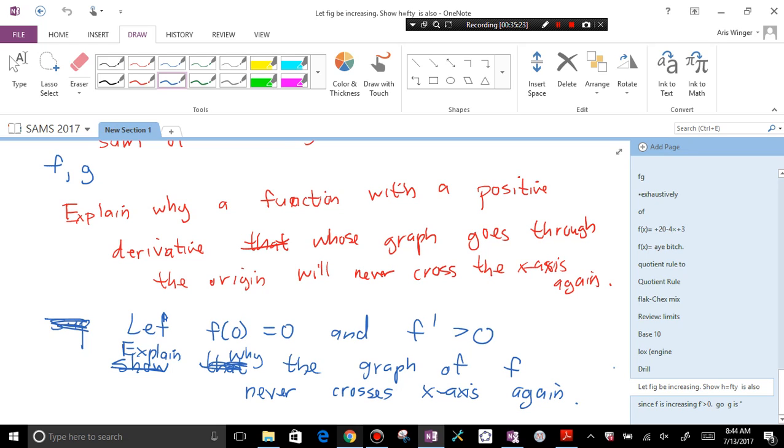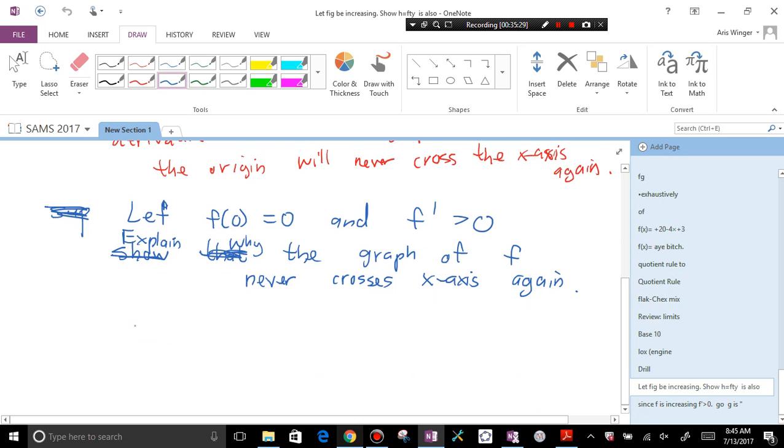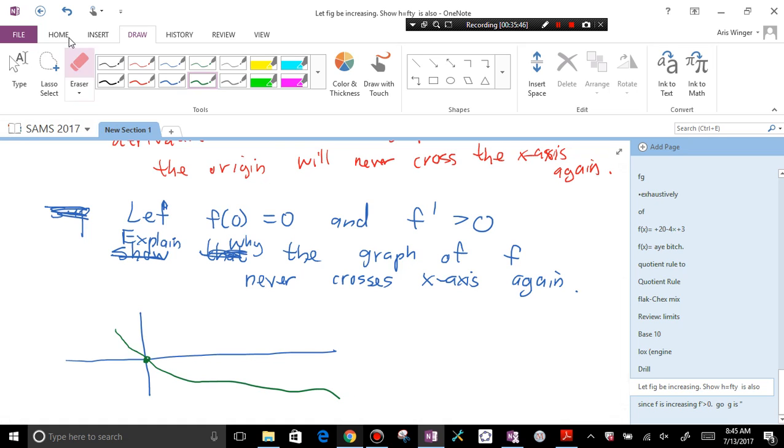Explanations? Why is this true? What does your picture look like? We got one point, right? This one goes through here. What does it look like?